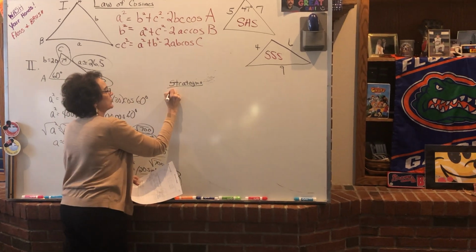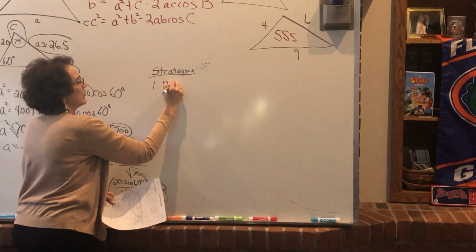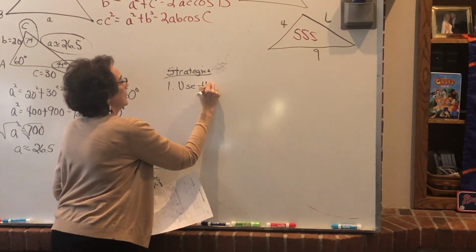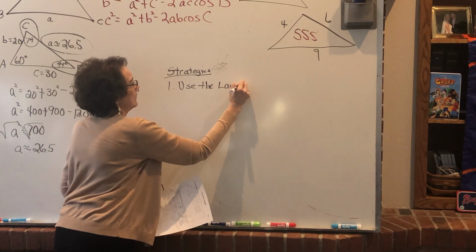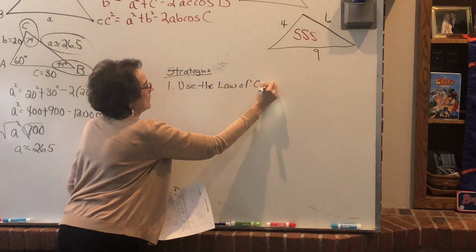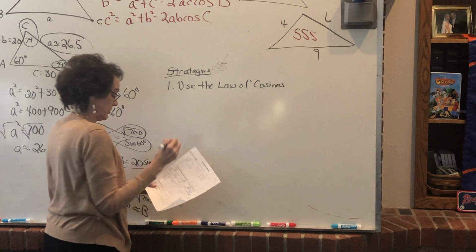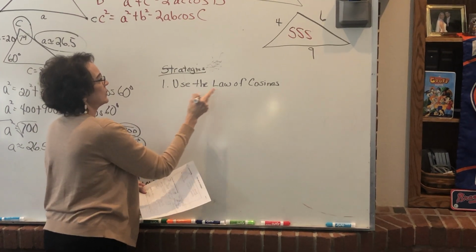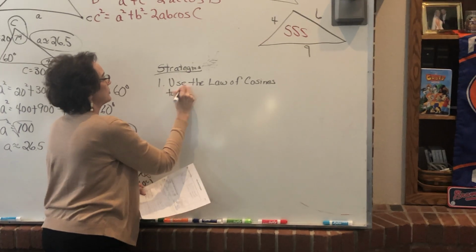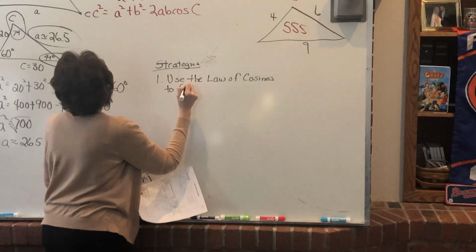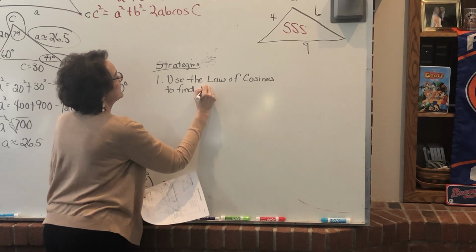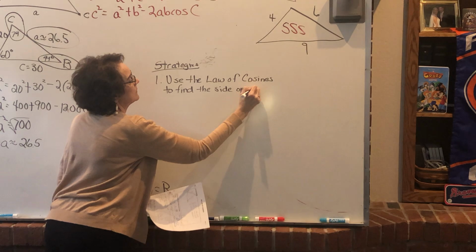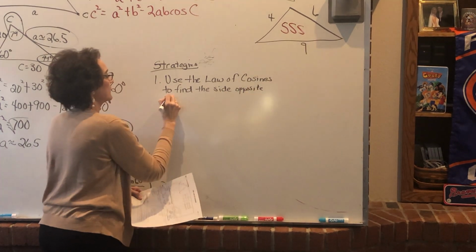Okay, so the first thing you're going to do, use the law of cosines to find the side opposite the given angle.